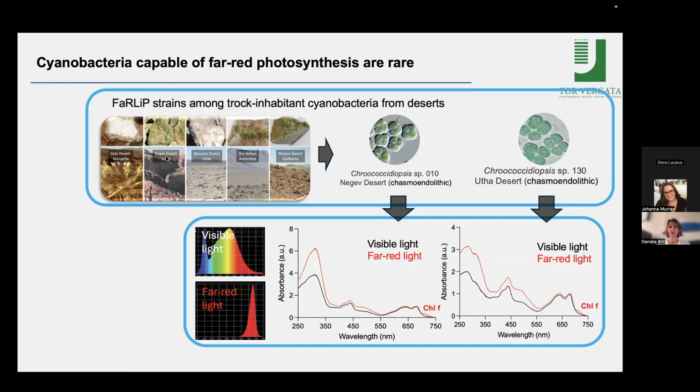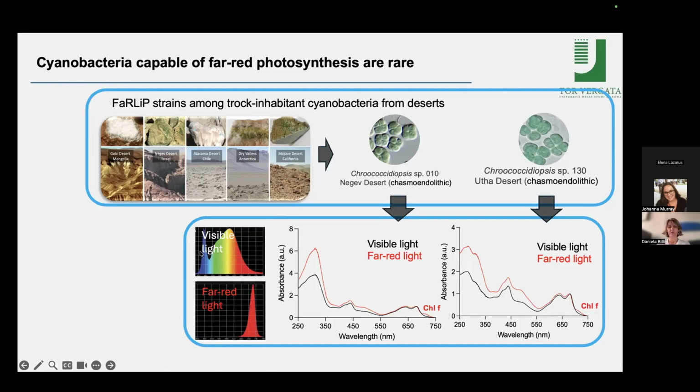And this is because the light that passes through different kinds of rocks differs depending on the rock composition. In some cases, some rocks filter the solar light and allow only infrared light to pass through. So in nature, there are cyanobacteria that are capable of transforming chlorophyll A into chlorophyll F, as you see here.